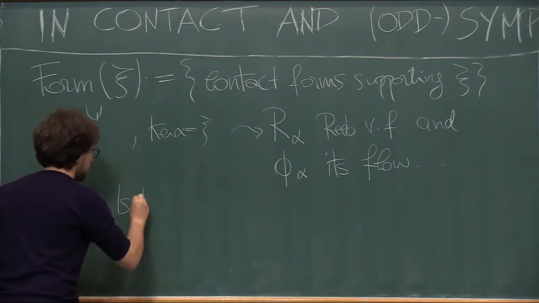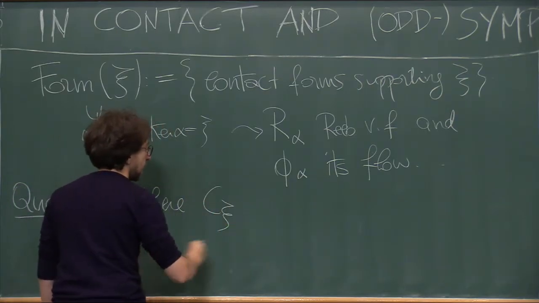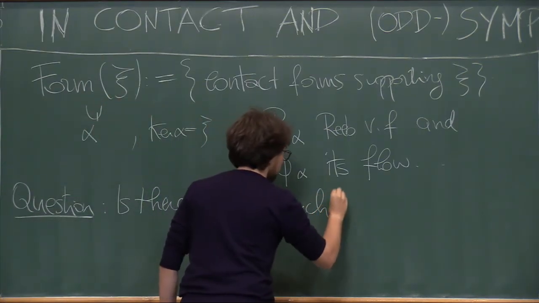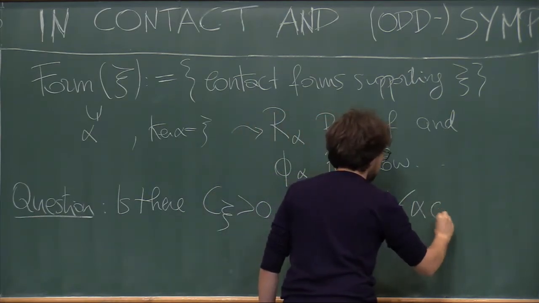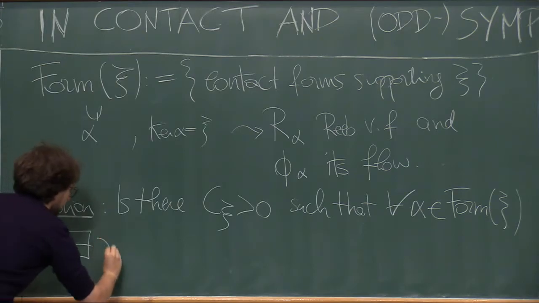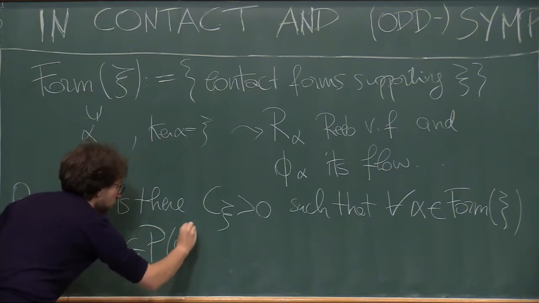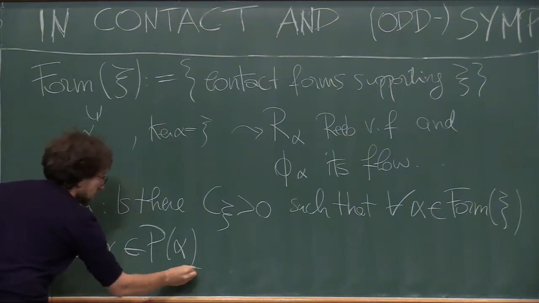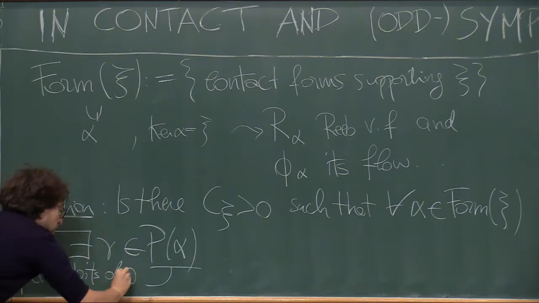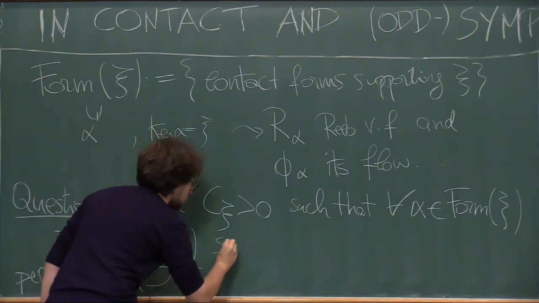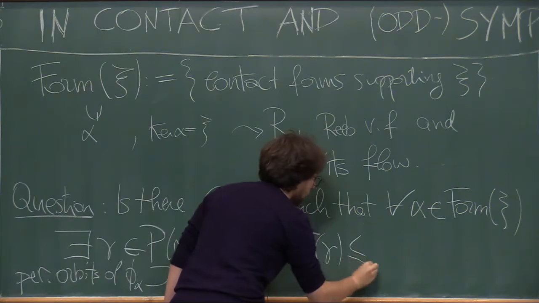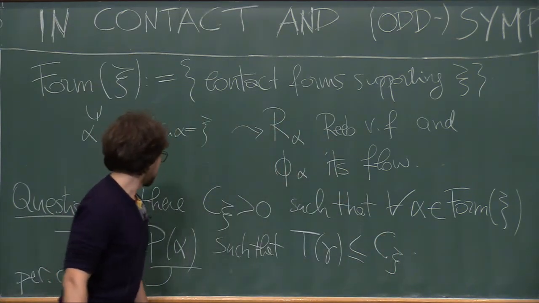Is there some constant C of psi bigger than 0, depending only on the contact structure, such that for all contact forms alpha supporting psi, we can find gamma, a periodic orbit of the Reeb flow, where P of alpha denotes the periodic orbits of phi alpha, such that the period of gamma is bounded by C of psi times the volume of alpha?